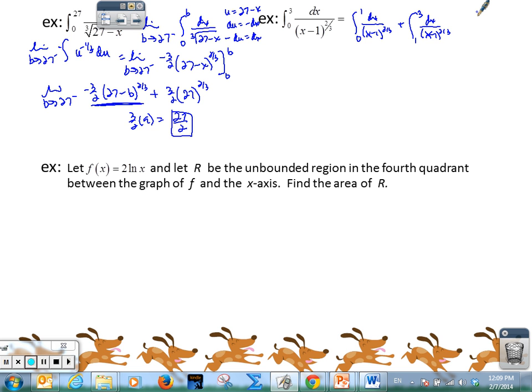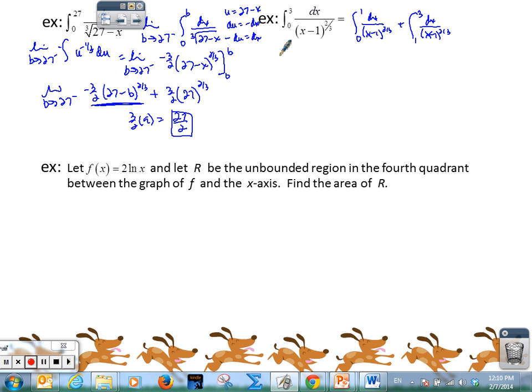Okay. So I'm splitting the integral first. And again, you don't have to do that step. You can go straight into the definition if you want. Alright. So what we're going to do is, on this first one, again, the 1 is the issue. Here our upper bound is an issue. Here our lower bound is an issue.